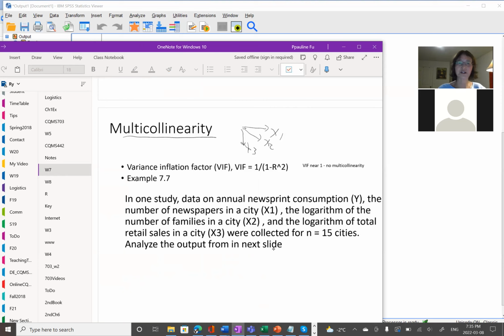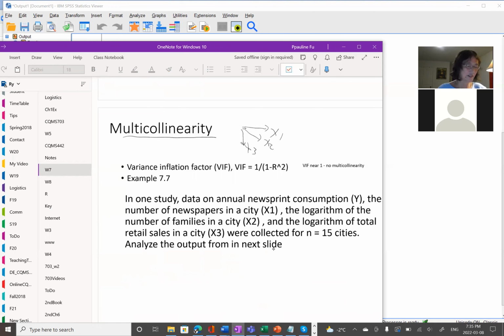But sometimes it does happen. The independent variables are related to each other. That is how the concept of multicollinearity comes out.